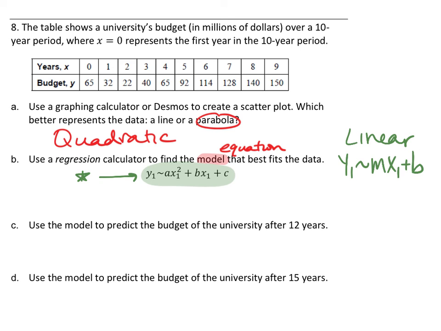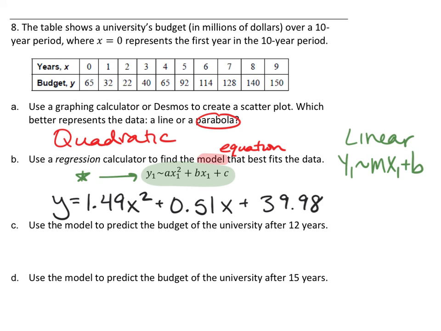How many decimals? 2. So if I were to write down these numbers that I got and put them in the correct formula, it would be y equal to 1.49 x squared, because that's a, plus 0.51 x plus 39.98.